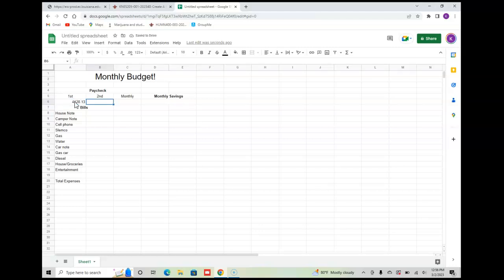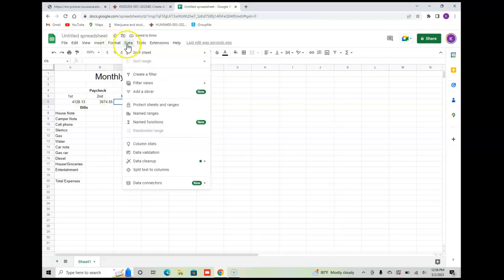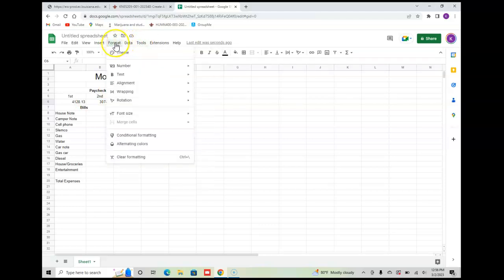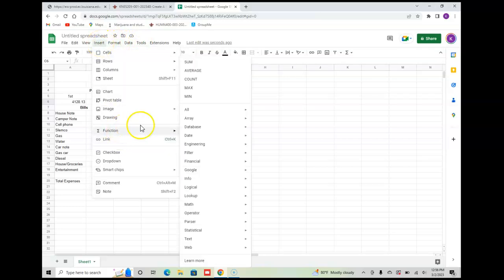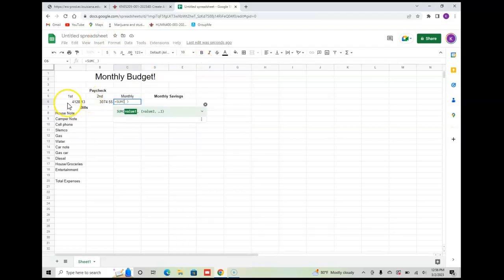Second paycheck. And this one right here, I'm going to go to, where is it at? Insert function. And I'm going to do a sum of these two cells. That is the total.